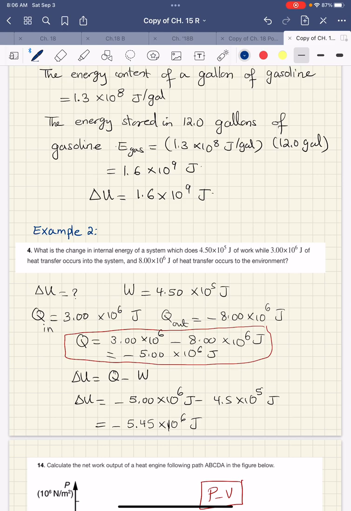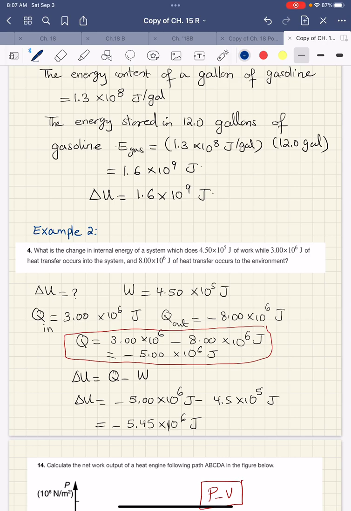Okay, here delta U is not known. W is 4.5 times 10 to the 5 joules. We have Q in and Q out. Q into the system is 3 times 10 to the 6 and Q out is negative 8 times 10 to the 6.